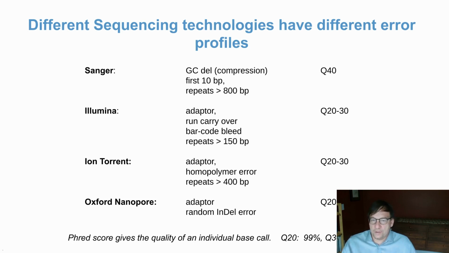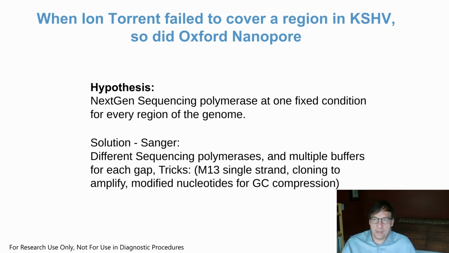And then Oxford Nanopore, of course, has really long reads, but you do have other problems, and I'll get into that next. In fact, we compared on case-HV, which is a 100,000 base pair virus, what coverage do we get with Oxford Nanopore as opposed to Ion Torrent?